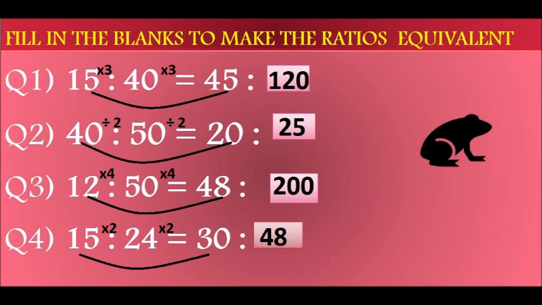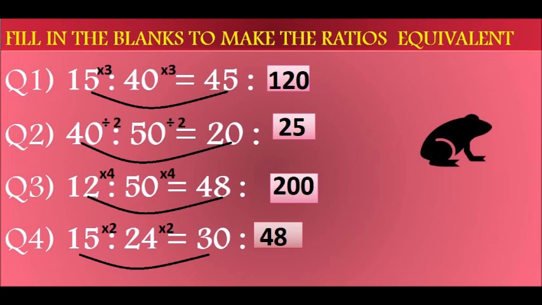So if you have multiplied 15 by 3, then you'll do the same thing in the second place, that is 40 here. 40 multiplied by 3 will give you 120. Since we are doing equivalent fractions, whatever number you have multiplied here will be applied on the second number also.